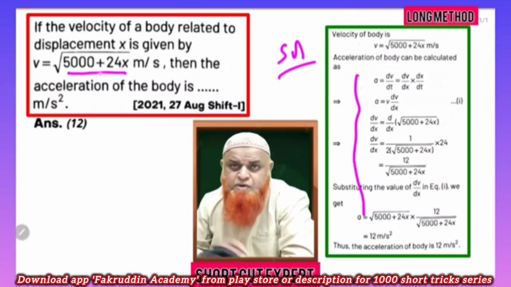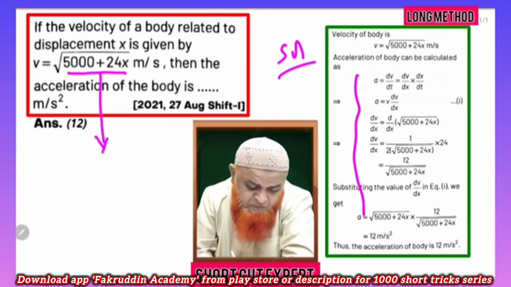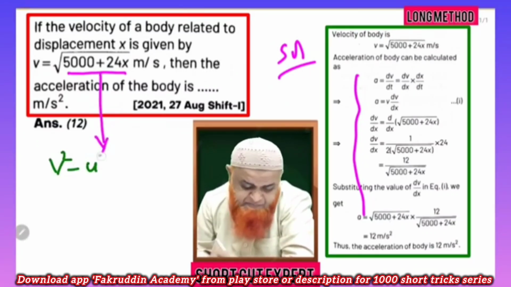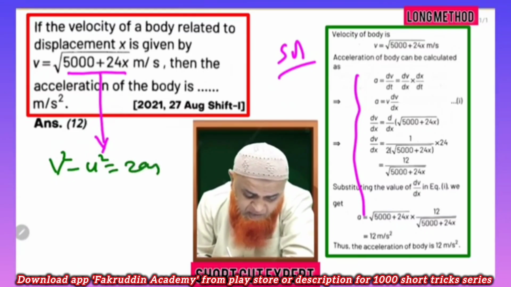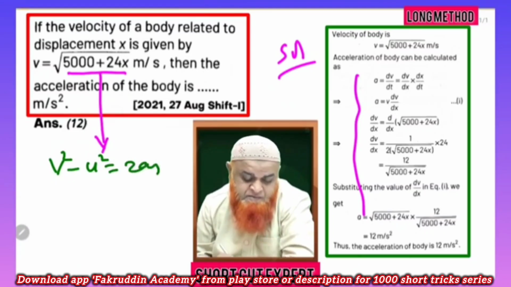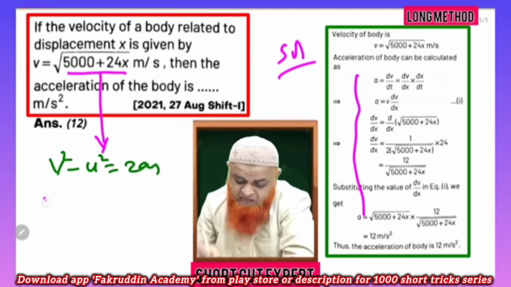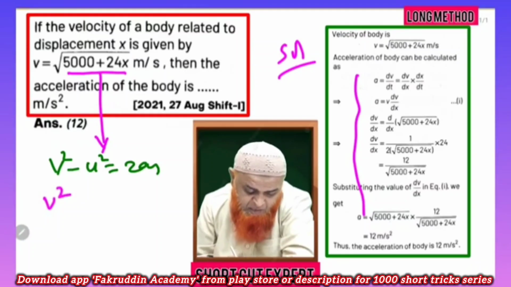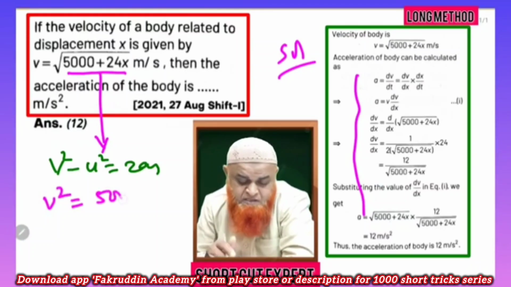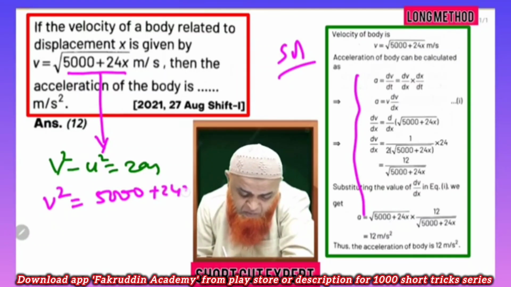Okay. So what I'm going to do here is, you just write this equation like v square minus u square is equal to 2as. So convert the above equation like this. You just square on both sides. Then you will be getting 500 plus 24x.